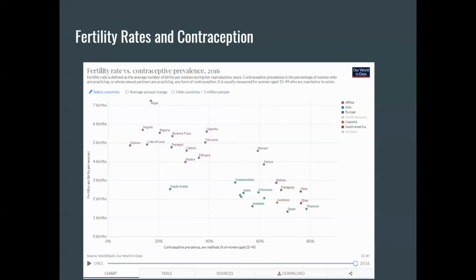It is also true of the availability of contraception for women. In other words, this is contraceptive prevalence, any method, by women ages 15 to 49. And again, not surprisingly, a very, very strong correlation. The availability and use of contraception significantly reduces total fertility.